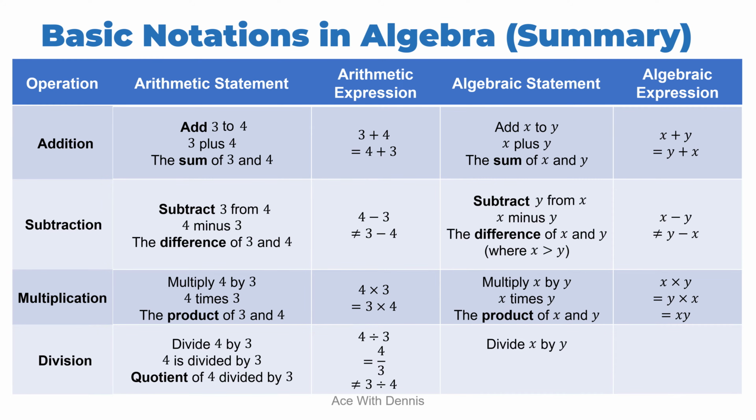Similarly, in algebraic statement, it can be stated as divide x by y, or x is divided by y, or quotient of x divided by y. In algebraic expression, it can be written as x divided by y, or x over y, but it cannot be written as y divided by x.